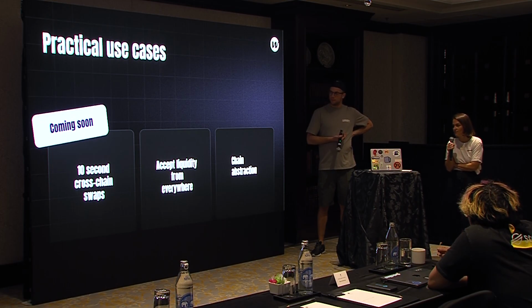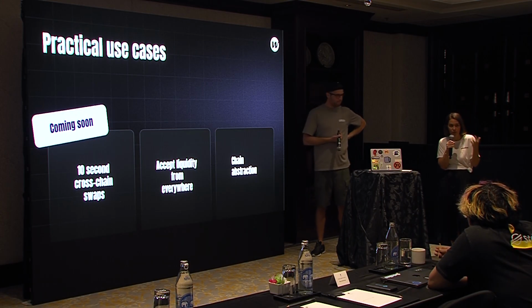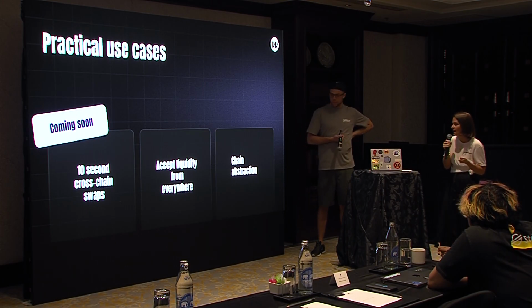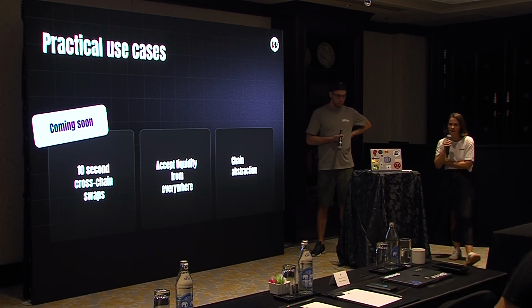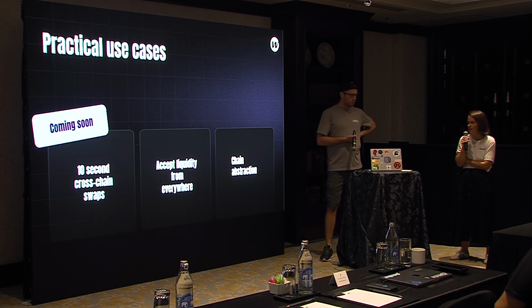We accept liquidity from everywhere. That's another thing, that's why you don't need the whole rebalancing as well. You don't need to have different liquidity, as is the case at the moment. And then there's the chain abstraction part, that is very important to take into consideration in the architecture.